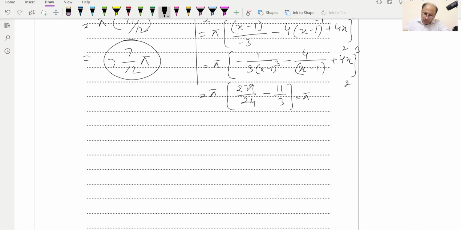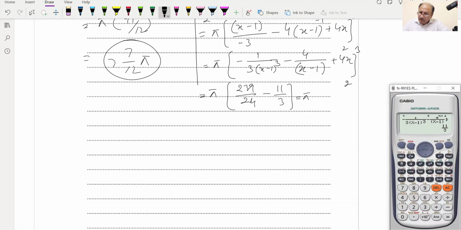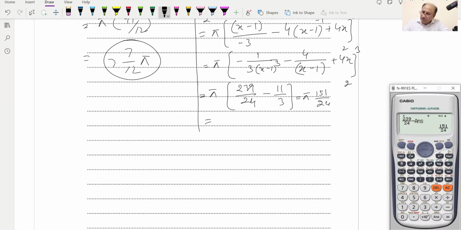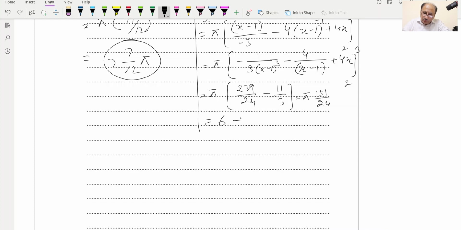This will be equal to pi times 239 over 24 minus 11 by 3, and the answer is equal to 151 over 24, which can be rewritten as a mixed fraction: 6 whole 7 over 24 pi.